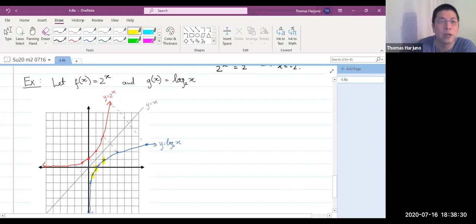Okay, now then, if I call this example 1, then you call this example 2. What happens if I have the graph, let f(x) equals log base 2 of (x plus 4) minus 3?